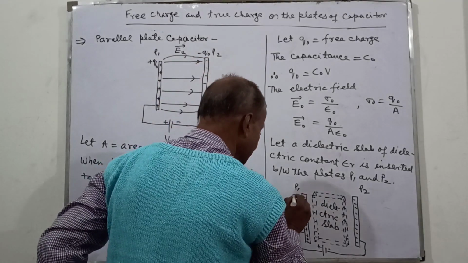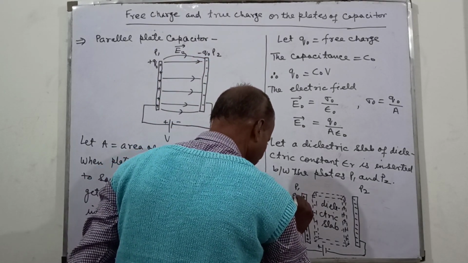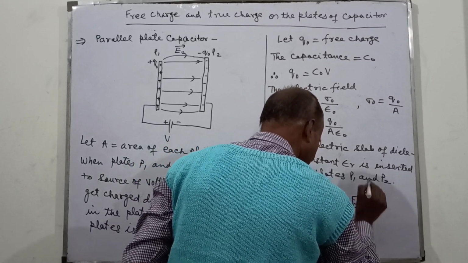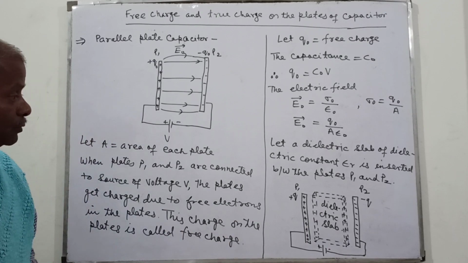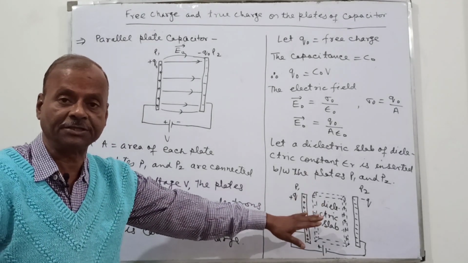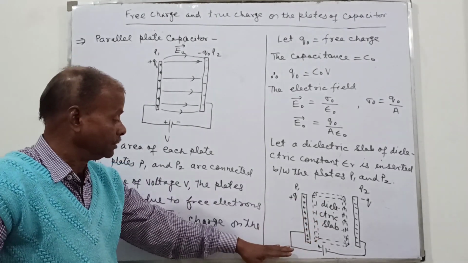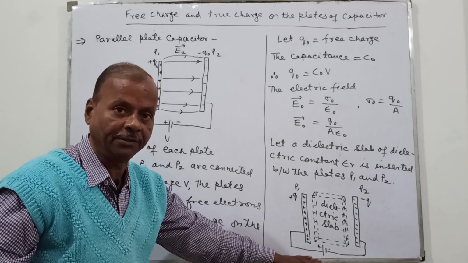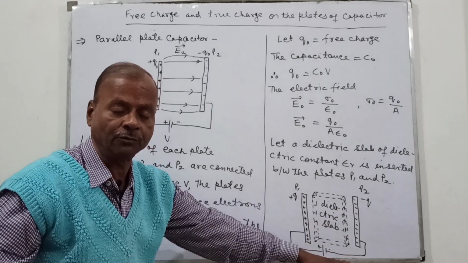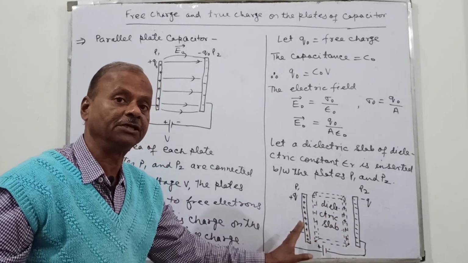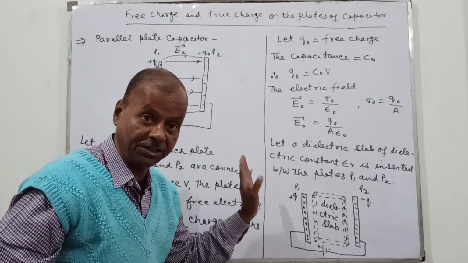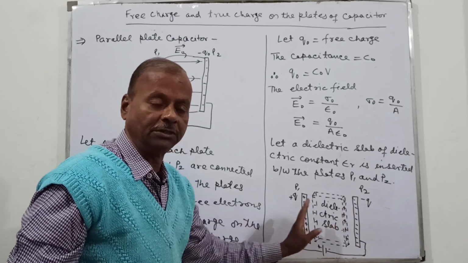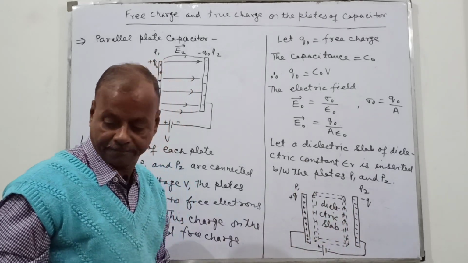So this is now charge, suppose Q, and this is now charge minus Q. When the capacitance increases, then more charge is taken from the source of voltage V by the plates P1 and P2. So charge on the plates increases. Now this charge stored on the plates P1 and P2 is called the true charge.